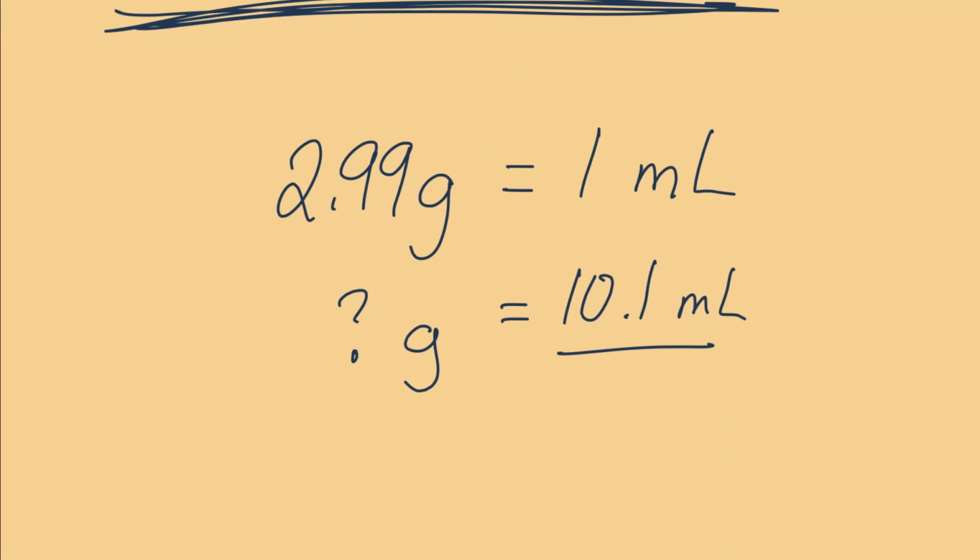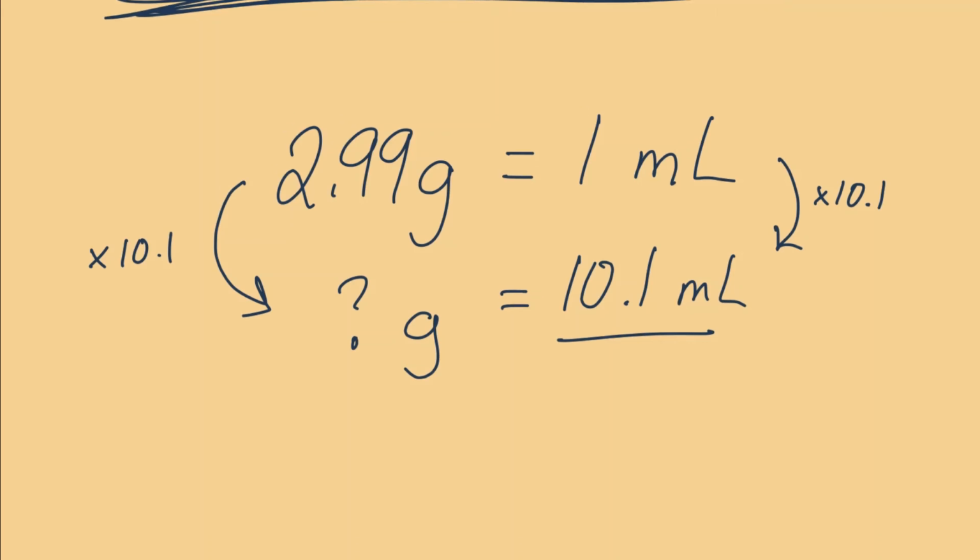How many times bigger? 10.1 times, so to get from 1 to 10.1, we need to multiply by 10.1. If we have 10.1 times as many milliliters on the bottom, then we should also have 10.1 times as many grams on the bottom as we do on the top.